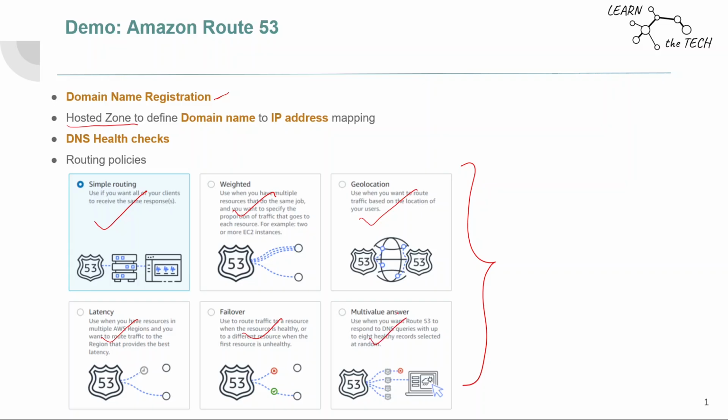And if you want multiple IP addresses to be responded, up to 8 healthy records can be responded using the multi-value answer.